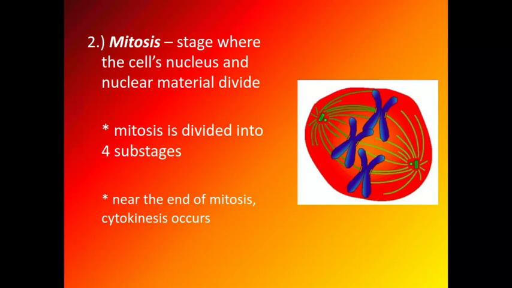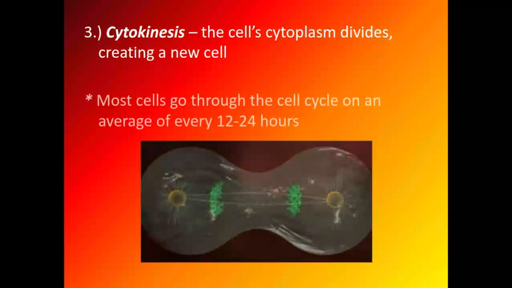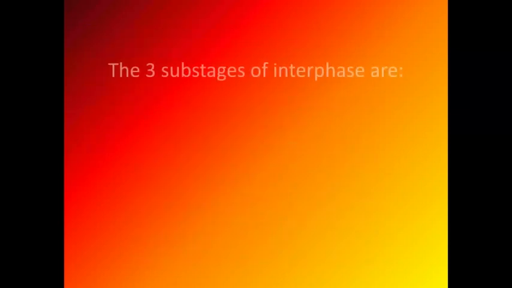And near the end of mitosis, cytokinesis happens. And then cytokinesis, that's where the cytoplasm divides and it creates the actual new cell. So most cells go through this whole cell cycle an average of 12 to 24 hours, so pretty quick. And that is continuously happening.